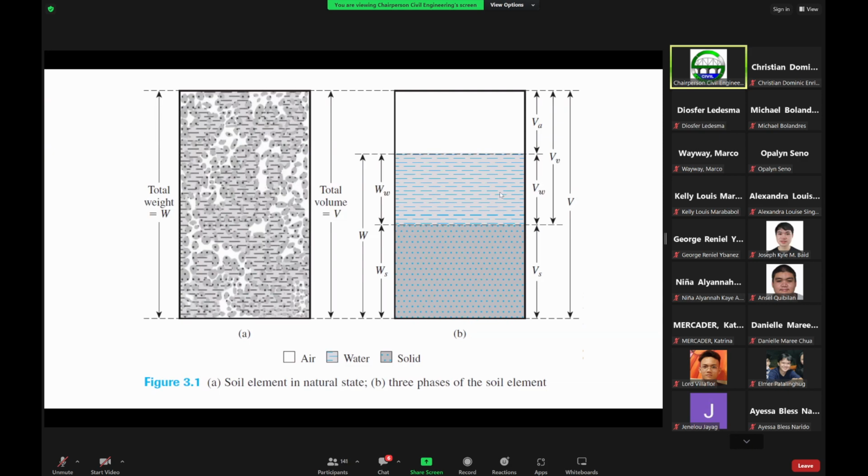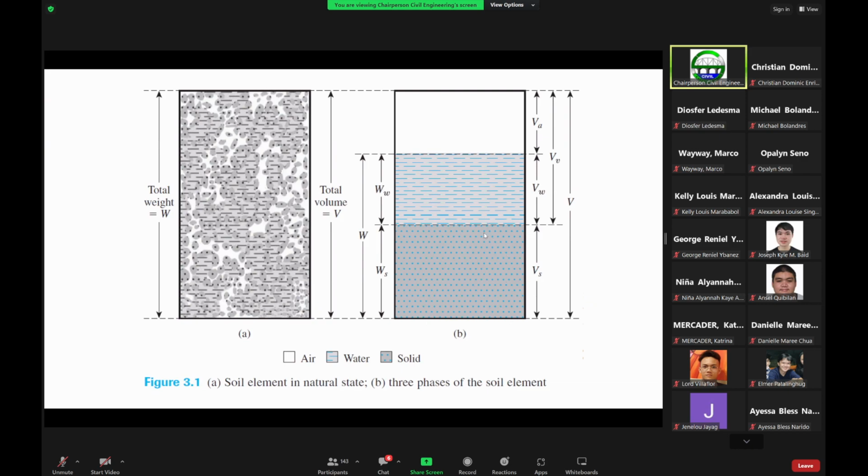So on the right side of the figure, let's now try to delineate. Let's try to divide the solids, the water, and the air in this soil element. If we divide them, then this is now the figure on the right.